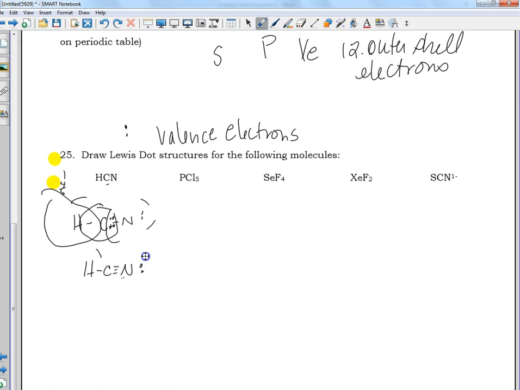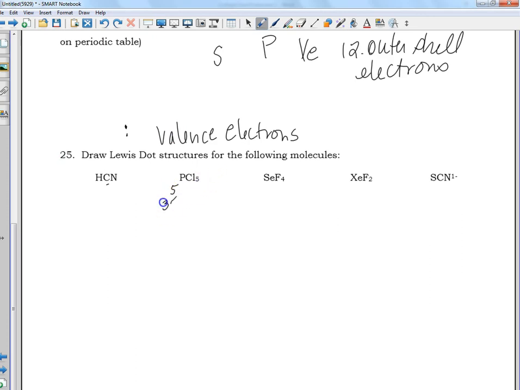All right, the next one. Phosphorus has 5 electrons. Chlorine has 7. 7 times 5 is 35, so we have a total of 40 electrons. Phosphorus is going to be bonded to 5 chlorines, so this is an expanded valence.